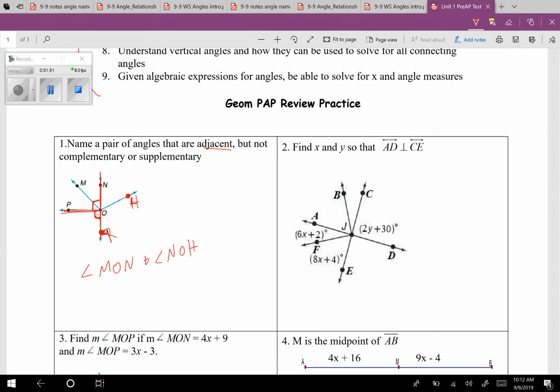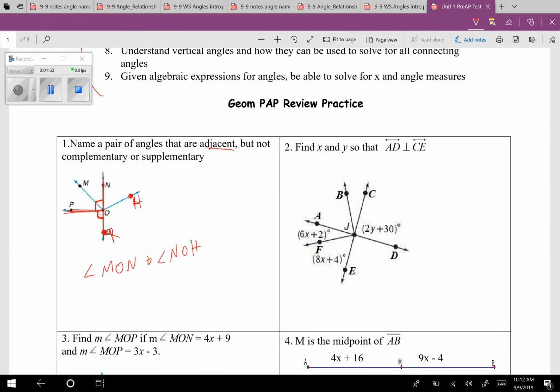All right, number 2, it says find X and Y so that line AD is perpendicular to line CE. So we want AD and CE to be perpendicular, which means that they're making right angles. So this would be a right angle here, and then between A and E, that would be a right angle.